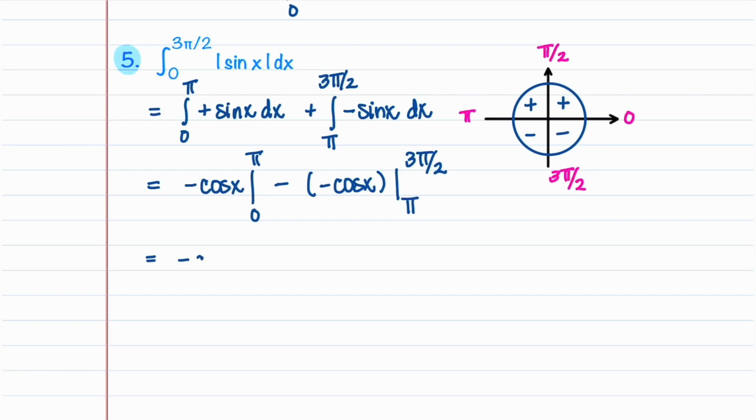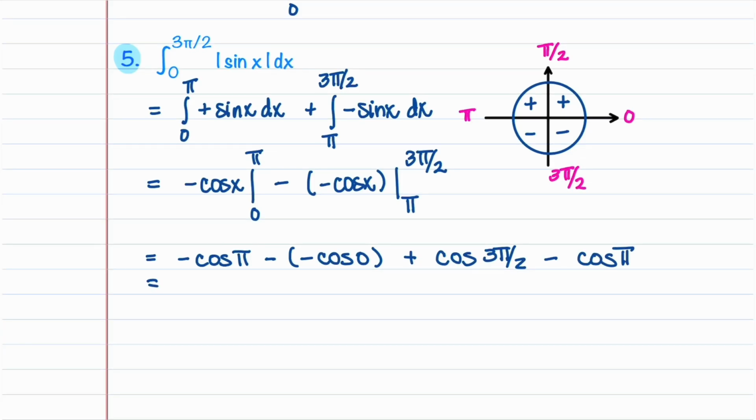This gives us minus cosine of pi minus cosine of 0, and then plus cosine 3 pi over 2 minus cosine at pi. Cosine of pi is -1, so we have minus -1.